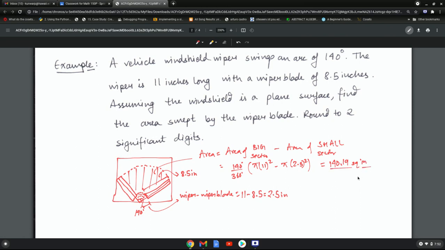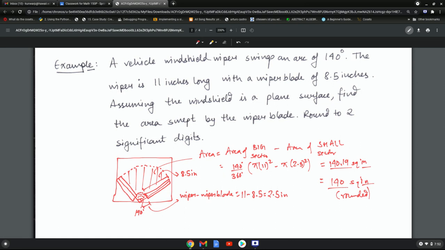So that is the area. Now it says round to two significant digits. So when you round this to two significant digits, it's just going to be 140 square inches. That's the rounded off value.